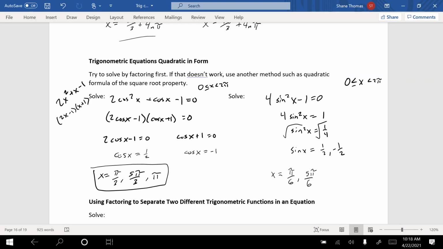What values are those? 7 pi over 6 and 11 pi over 6. There we go. Done. So those would be the values of x in that equation.